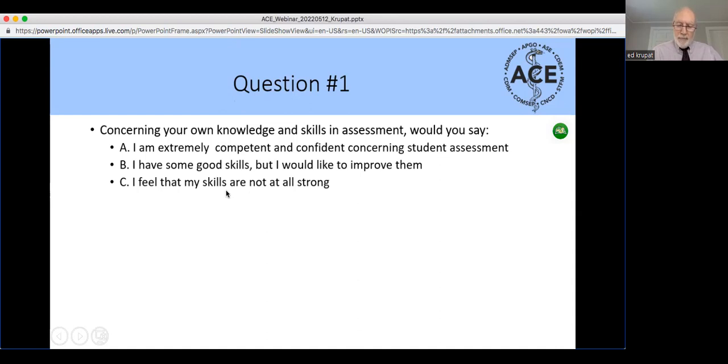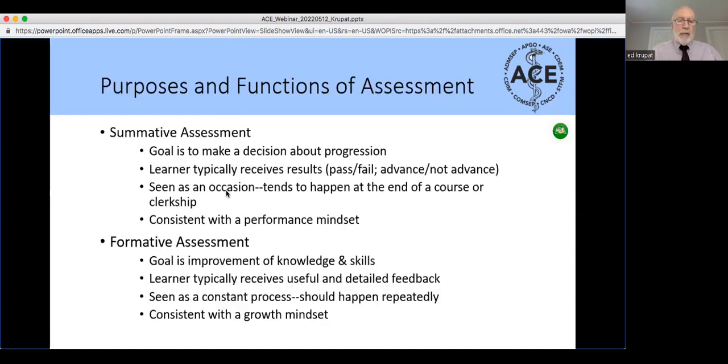So I'm going to start with saying, what purpose does assessment serve? What function does it serve? And start out with the distinction between formative and summative assessment, which I think is an important one, and I don't see discussed as often as I might hope.